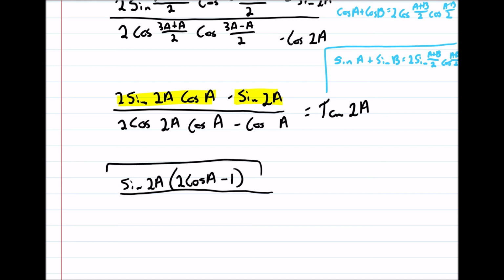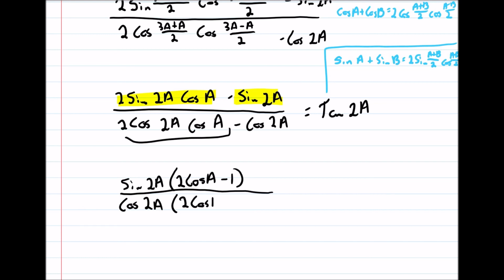So here is the exact same as here. On the bottom then, I'll take out cos 2a. Now what do I have to multiply cos 2a by to get to 2 cos 2a cos a? I'll have to multiply it by 2 cos a. As you think about it, cos 2a multiplied by 2 cos a is the same as 2 cos 2a cos a.